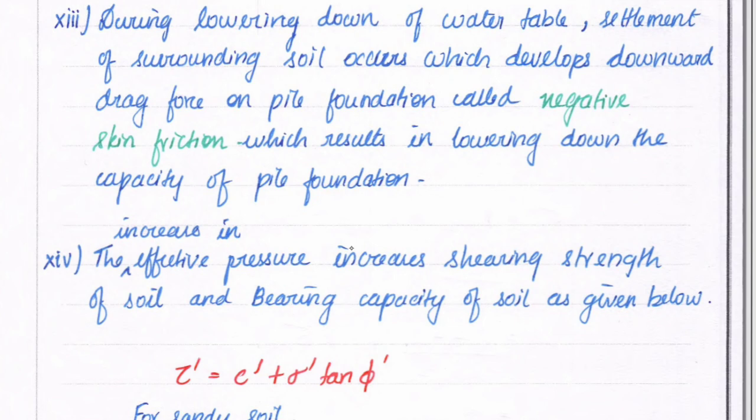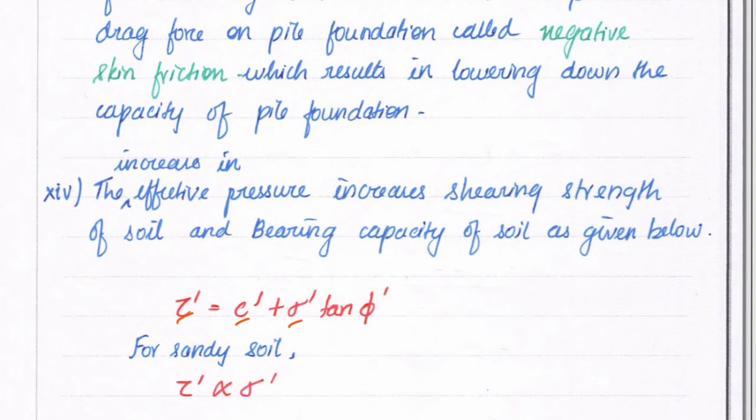The increase in the effective pressure increases the shearing strength of the soil. For the shear strength of soil, shear stress equals C dash plus sigma dash into tan phi. For sandy soil, shear stress is directly proportional to the normal stress. These are all the things we have to notice and learn about effective stress.